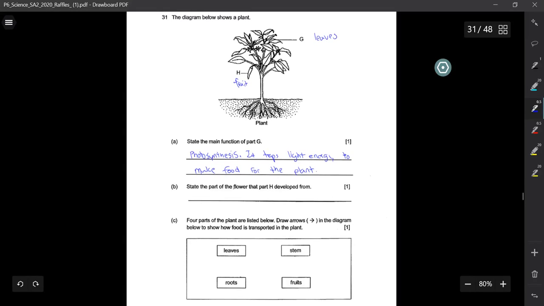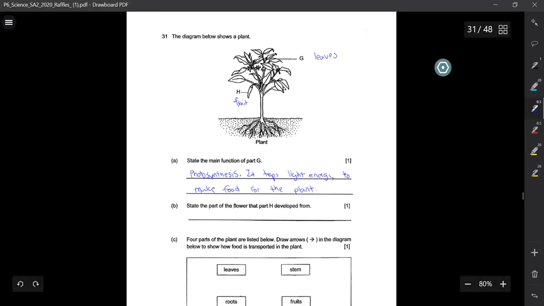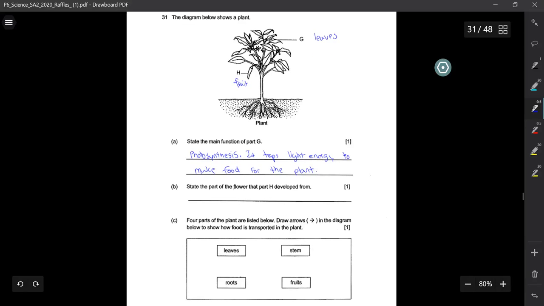Clean cut. And then B, state the part of the flower that part H developed from. So we identified the part H as the fruit. So we know where the fruit comes from, right? And in a flower, it will come from the ovary. All right.